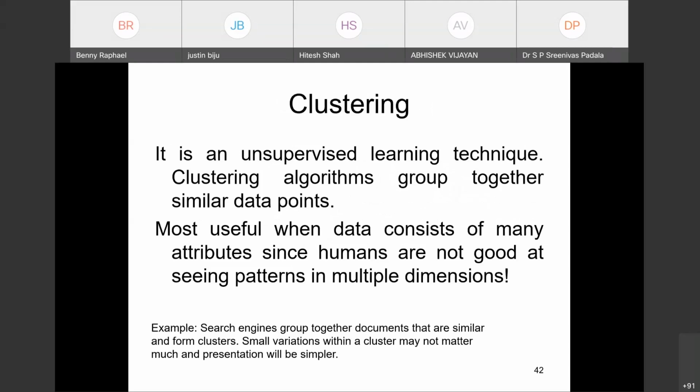Like many techniques, we can easily visualize clusters when we plot in 2 dimensions, especially with a scatter plot. But in multiple dimensions, we are not able to detect clusters ourselves. That's where these automated algorithms help in clustering.